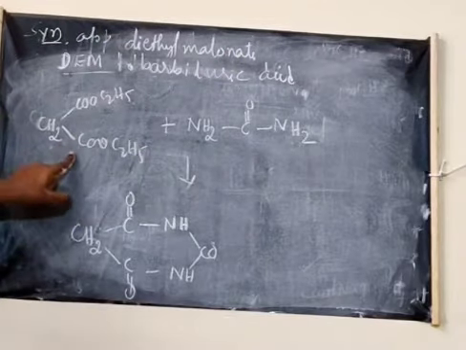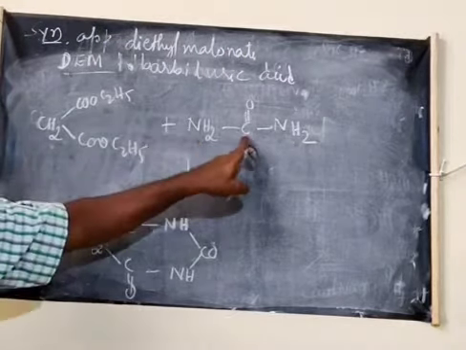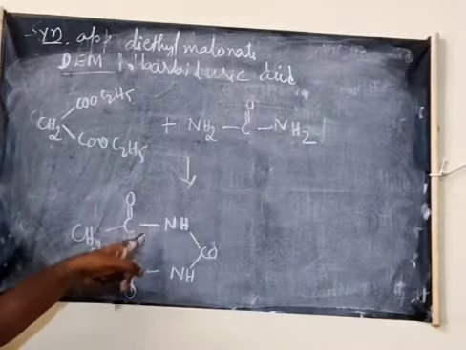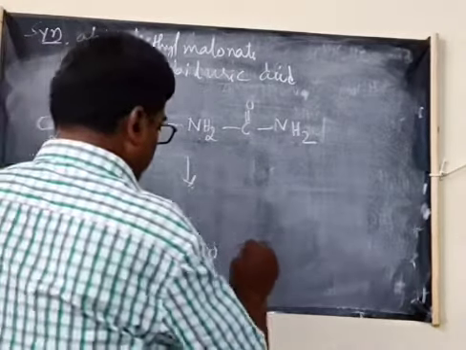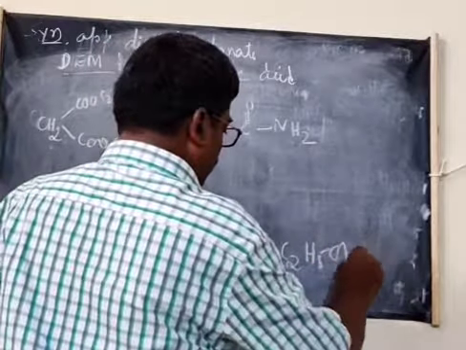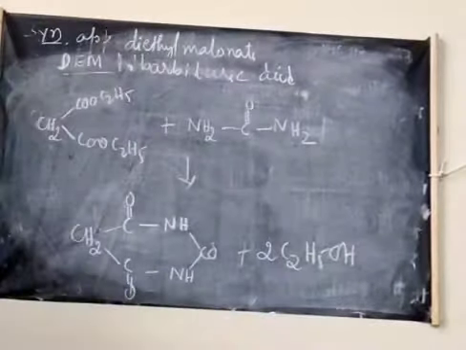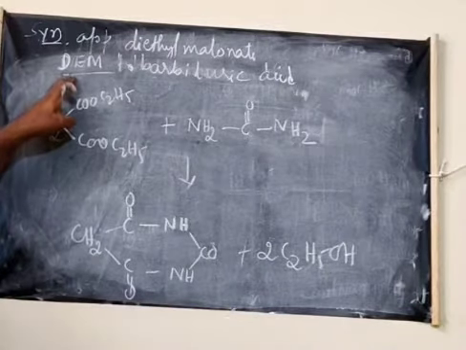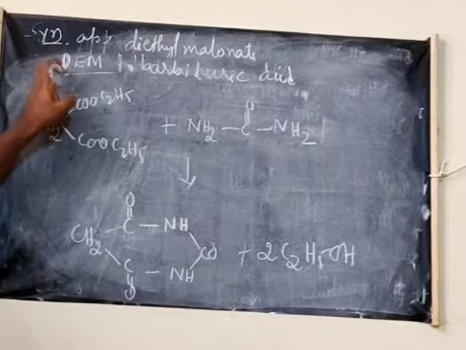Ethyl acetoacetate is just treated with urea, undergoes condensation to form barbituric acid plus 2 molecules of C2H5OH. So these are the synthetic applications of diethyl malonate.